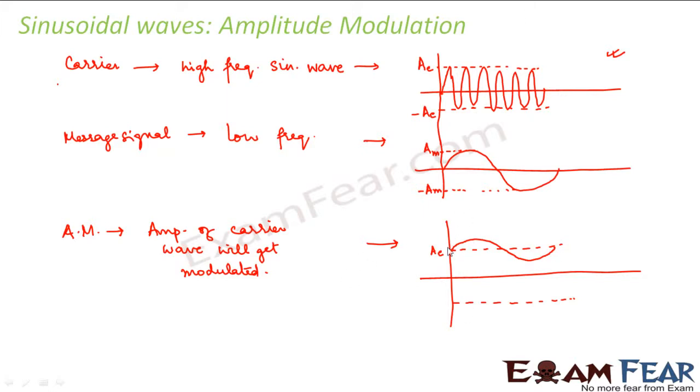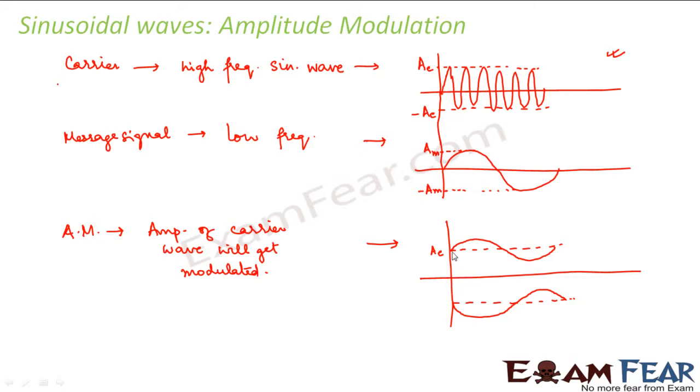So if this is AC, this distance becomes AM, that is the amplitude of the message signal, right? So this is how the amplitude will change as per the message signal. The similar change will take place this side as well. So this is how the amplitude will be of the new wave which is formed after amplitude modulation.